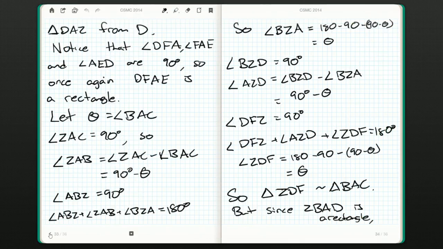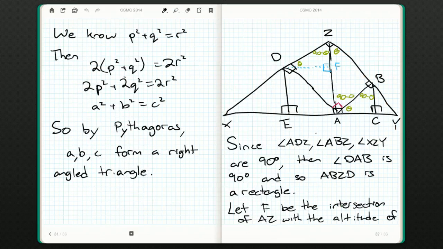Okay, so let's go back and see how our diagram helped us achieve this. So first thing we did, we noticed that there was a right angle here, and that gives us a rectangle. And then we dropped the altitude DF, and we created ourselves a second rectangle. And we used a little bit of angle chasing, and I admit that was a bit of long writing, but it had to be done. With theta, 90 minus theta, 90 minus theta, theta using this right angle triangle here, ZAB, then 90 minus theta, and then this 90 degree, because DF was an altitude, means we have a theta here, and that means that these guys are similar.